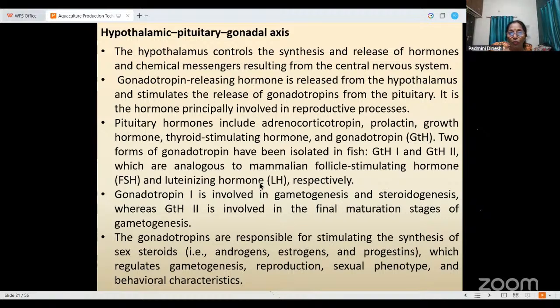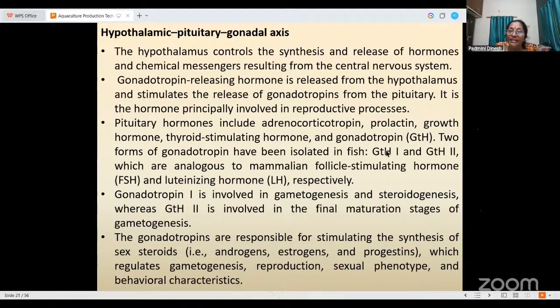Follicle stimulating hormone will induce the small germinal cells to become ovum. They allow the germinal cells, the spermatogonia or the oocytes, to develop into oogonium, right? So that is follicle stimulating hormone.